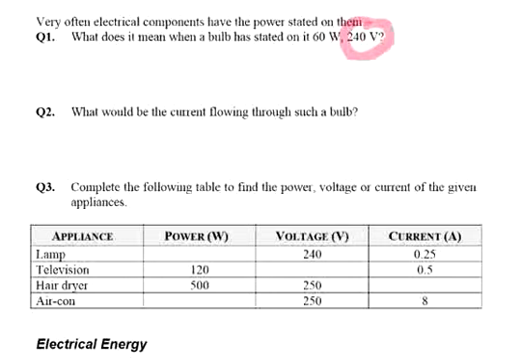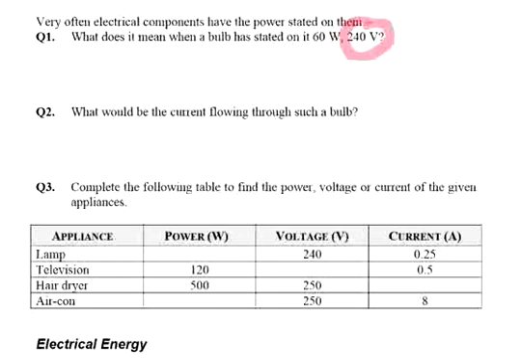Every house, or the electrical power station or the transformer that delivers to houses, all the sockets that you plug in are 240 volt. Okay, all appliances use 240 volt. Okay, and then we have a 60 watt bulb. What does it mean the bulb has stated 60 watt 240 volt?